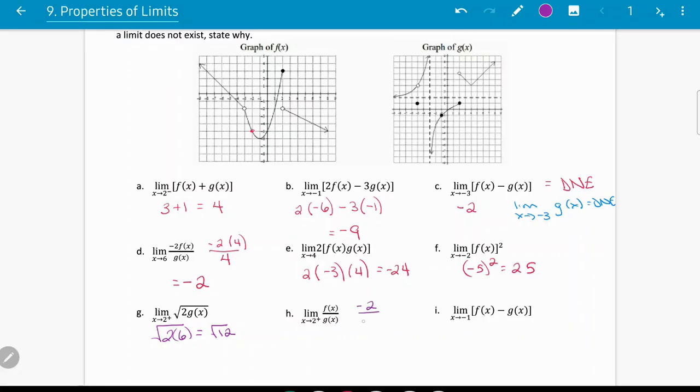The limit as x approaches 2 from the right of g of x is going to be 6, and so we have negative 1/3. And lastly, we have the limit as x approaches negative 1 of f of x minus g of x. So as we approach negative 1, this is negative 6. The limit as x approaches negative 1 of g of x is going to be negative 1, and so this is negative 5.